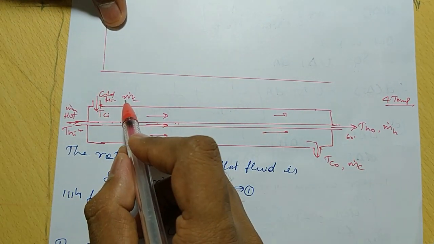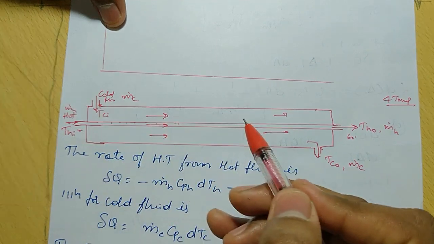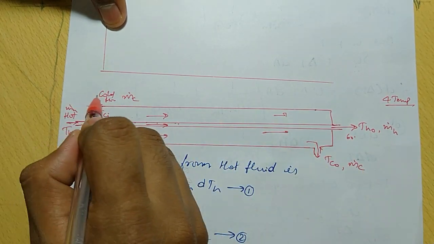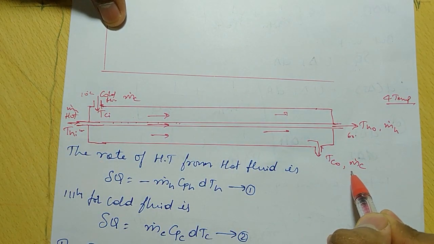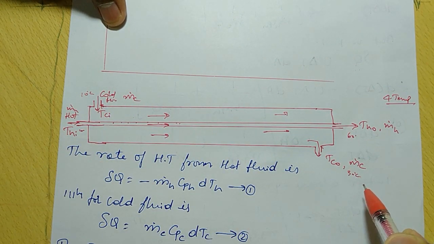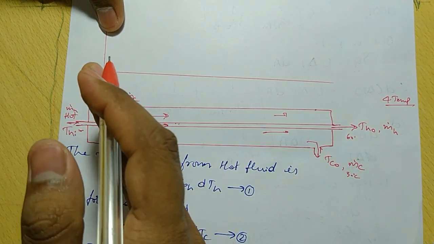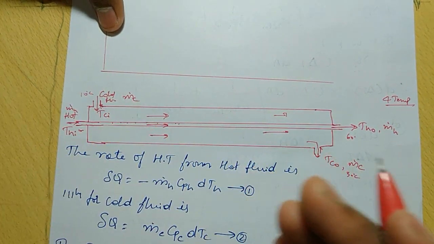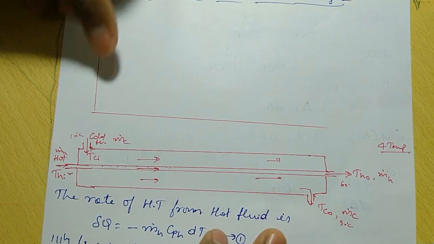In the same way, for the cold fluid, at every section the temperature keeps increasing. Suppose at entering it is 10 degrees centigrade, but at leaving it may be 30 degrees centigrade, a gain of 20 degrees centigrade compared to the inlet. It means the hot fluid loses its energy, but the cold fluid gains energy.